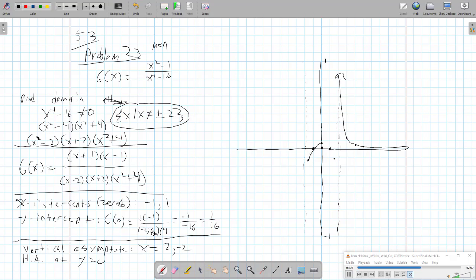So here's what it's doing in the middle. And on the other edge. Oop, it does not cross.